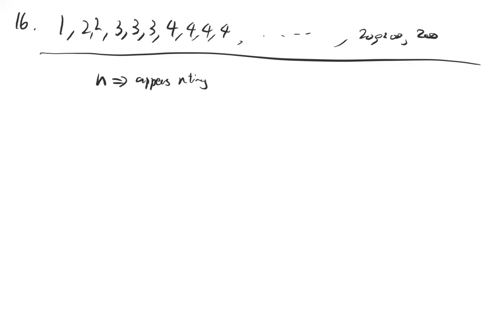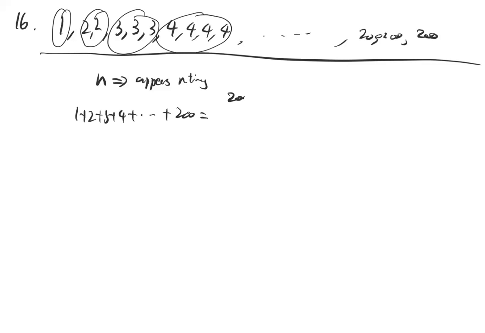So what we want to do is find out which range of numbers they're in. Basically we want to find out the total, how many numbers there are. And we know it's 1 plus 2 plus 3 plus 4 all the way to 200. This is not hard to calculate.